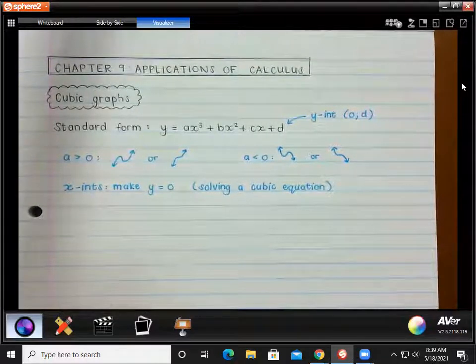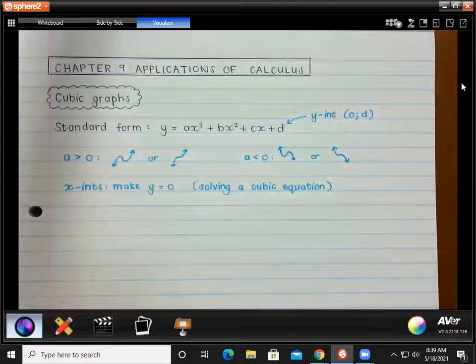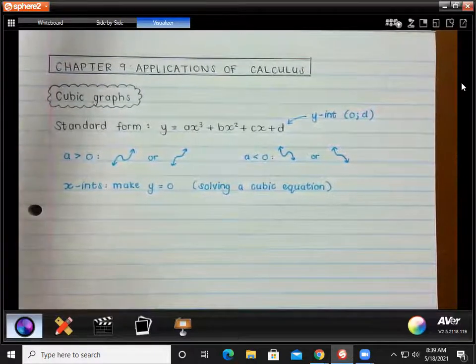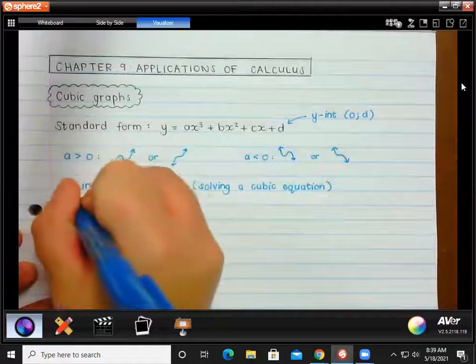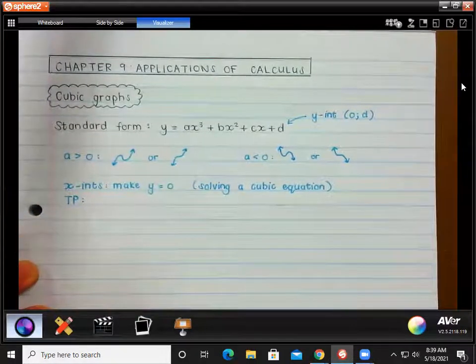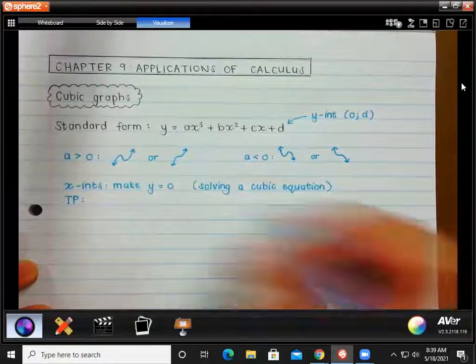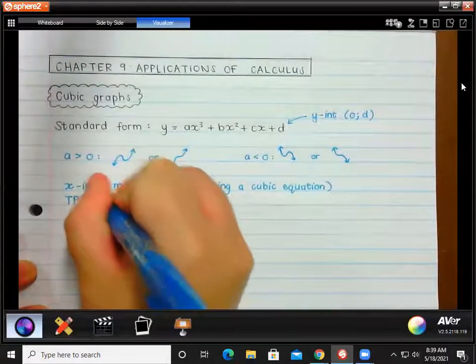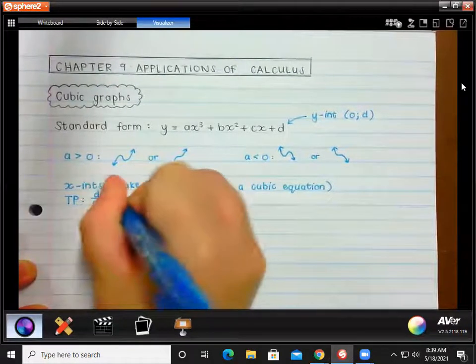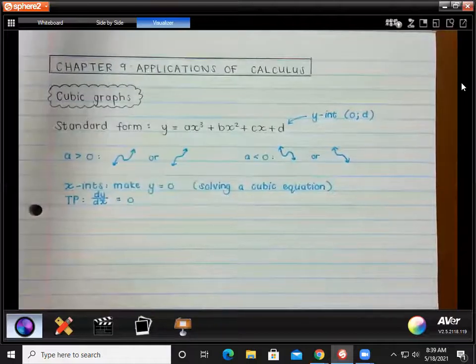Now guys, important for a cubic graph is you need to find your turning points. Do we remember for a parabola, how do we find the turning point? We have that formula that says x is equal to negative b over 2a. There is no formula like that for a cubic graph, but to find the turning points of a cubic graph, you find the derivative of the whole thing and make it equal to 0.